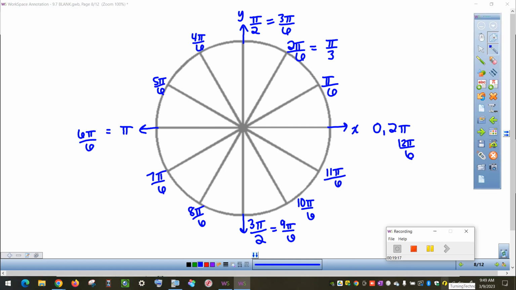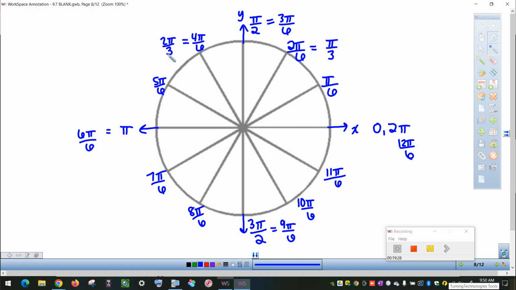All right, so let's check in here on our labels. Continuing where we left off, we had 3 pi over 6 at the top, so the next one is going to be 4 pi over 6. Well, that's one that we can simplify, so that's going to be 2 pi over 3. 5 pi over 6, we can't simplify that, so we just leave it as it is. 6 pi over 6, not surprising, because that's the same thing as pi.